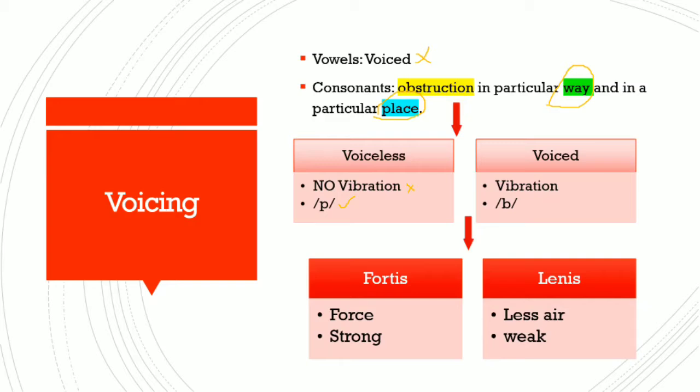On the contrary, voiced consonants require a vibration of the vocal cords. Okay? The vibration is required. So for example, in a consonant like B, B, the air going out is less than the one that goes out with P. And apart from that, if you touch your throat, you will realize that the vibration is there.